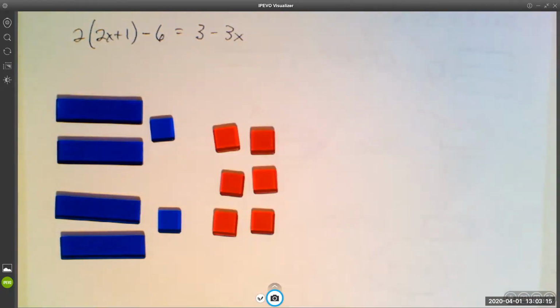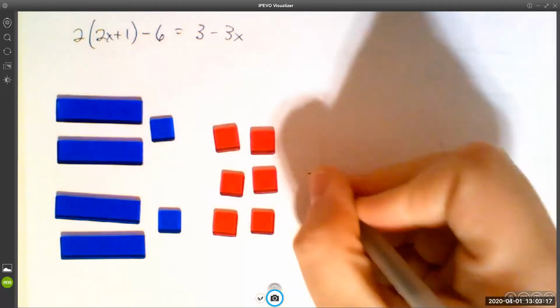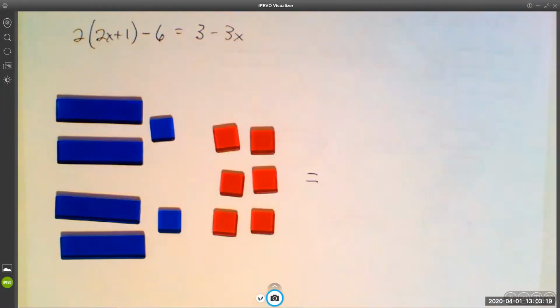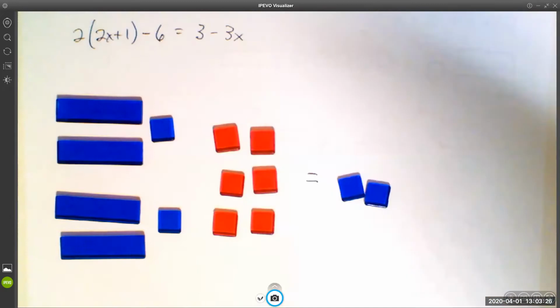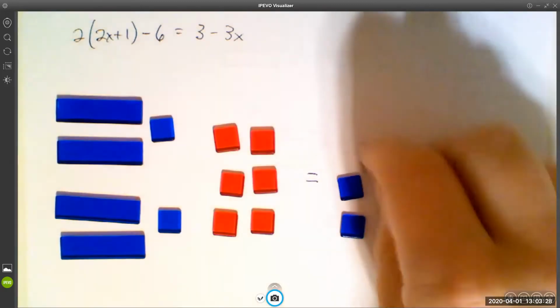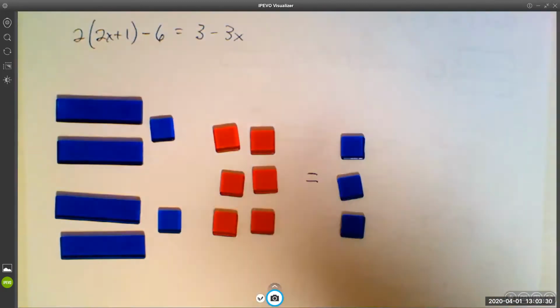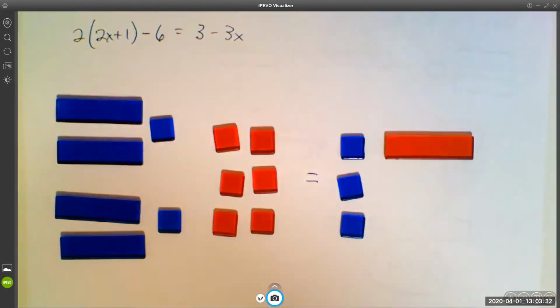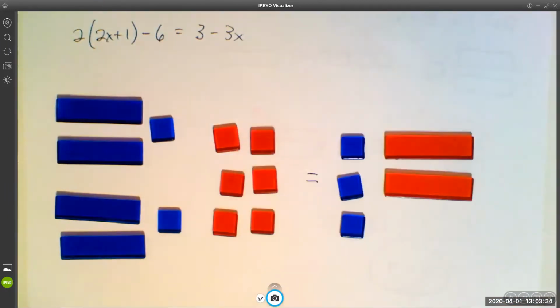Now we have to do the right-hand side, sorry. So the right-hand side, we have to do 3 minus 3x. So there's 3 minus 3x.